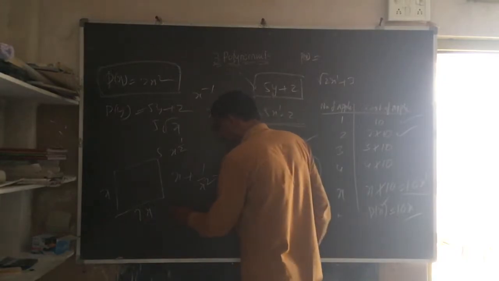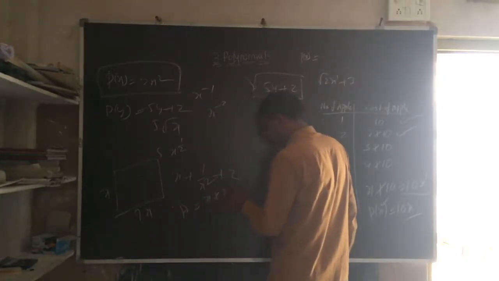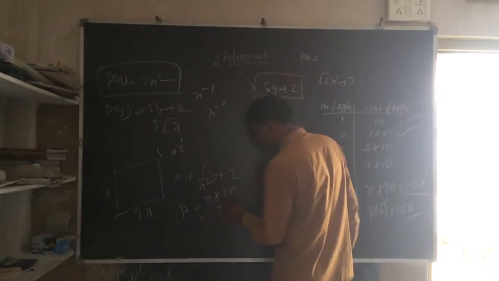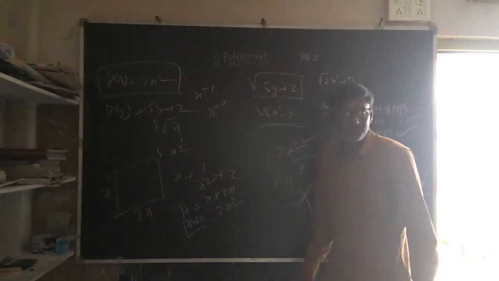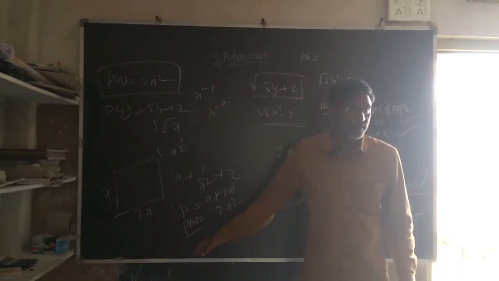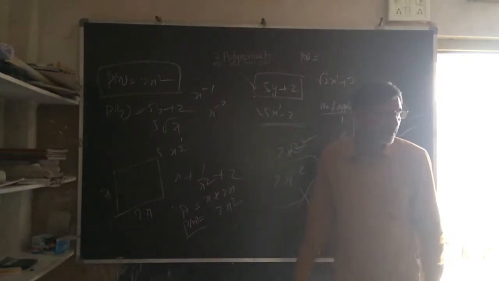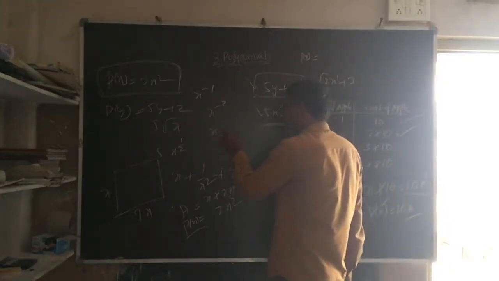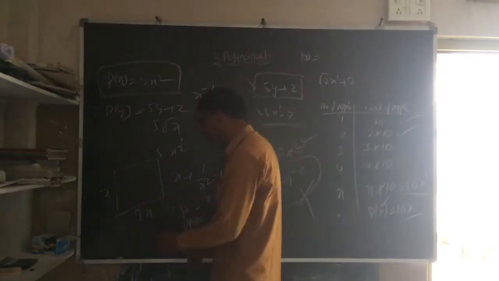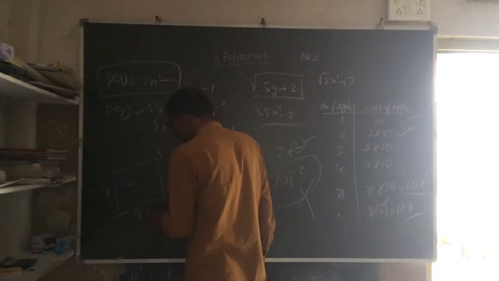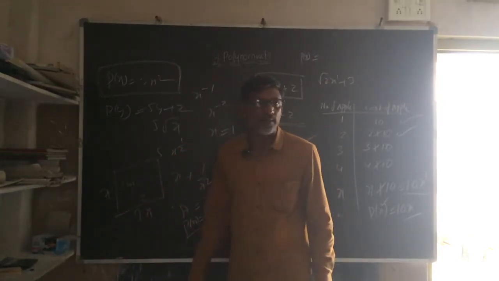So its area is x into 2x, that is equal to 2x square. In polynomials, suppose this is my polynomial in variable x. By giving x value 1, this is 1 centimeter, and this is twice, 2 centimeters.